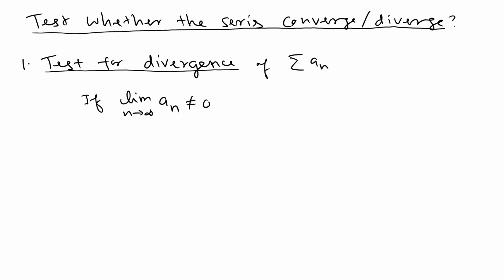One is it gets a number other than 0, or it can go to positive infinity, or negative infinity, or it can even fluctuate, the limit does not exist. In any of those ways, it is not equal to 0. If any of that happens, then we know the series diverges.